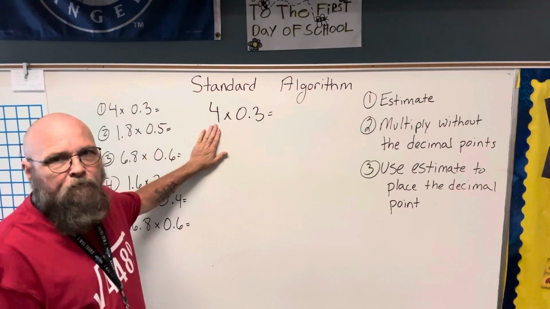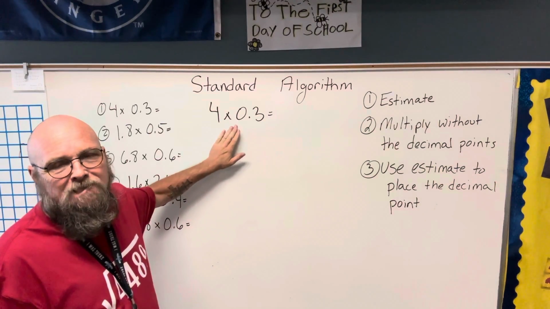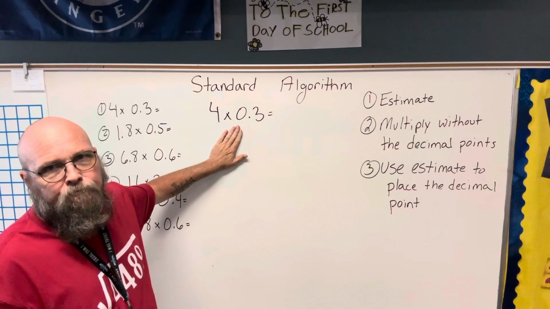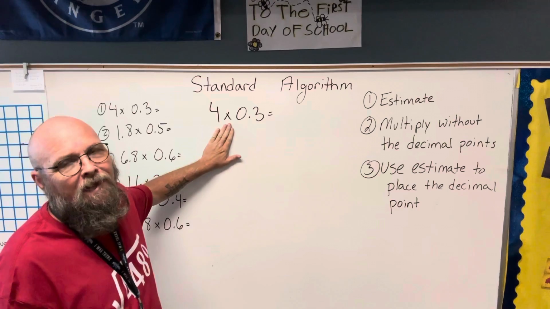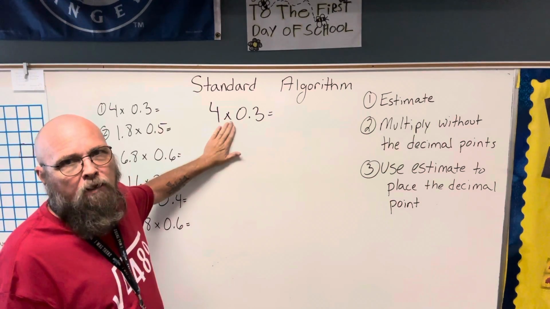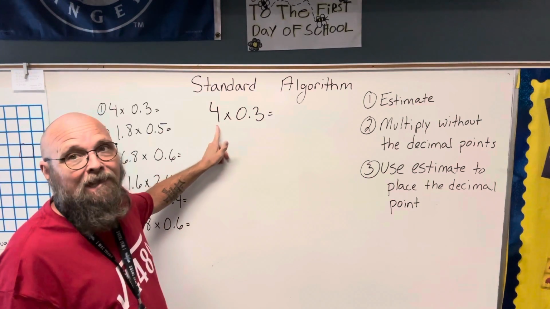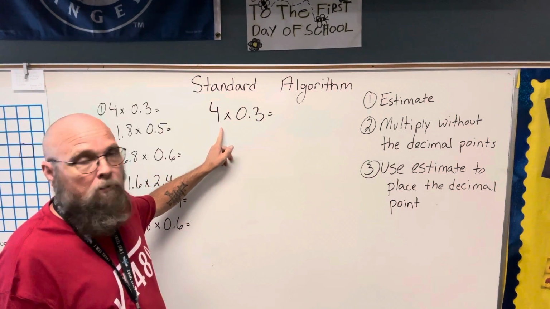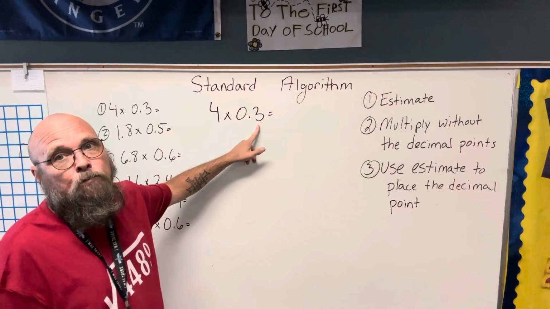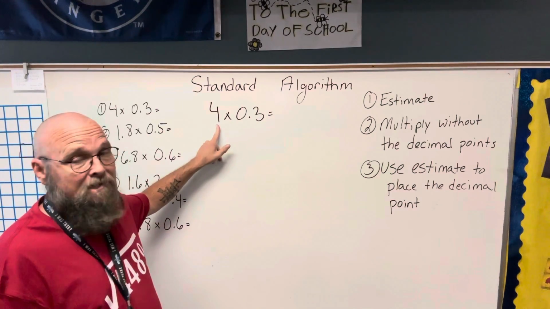I am multiplying 4 by a number that is less than 1. If I'm multiplying by less than 1, my product is going to get smaller. So my answer has to be less than 4. Now 5/10 equals 1/2, so it's going to be less than 2.